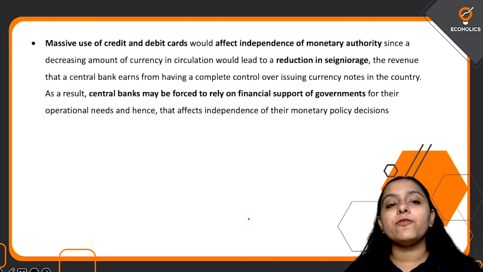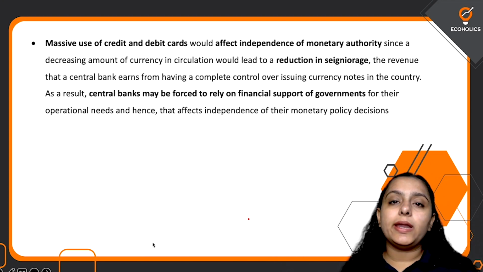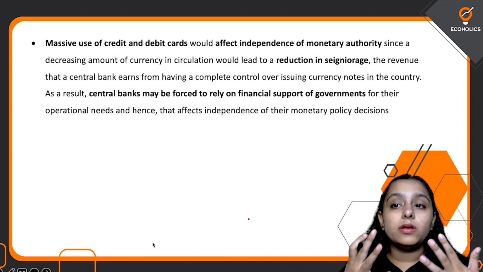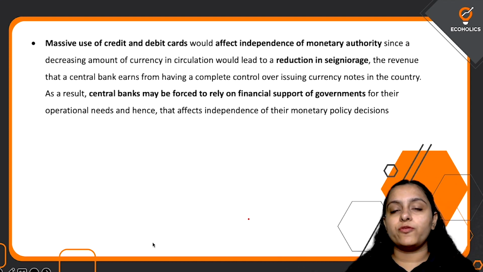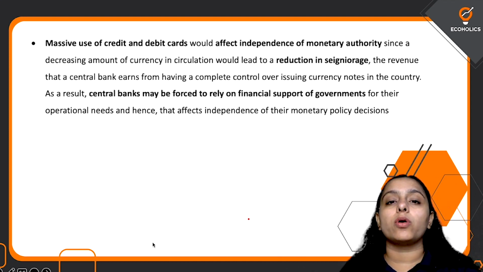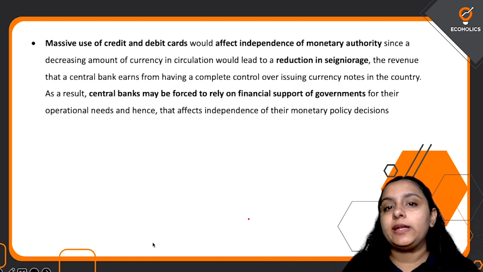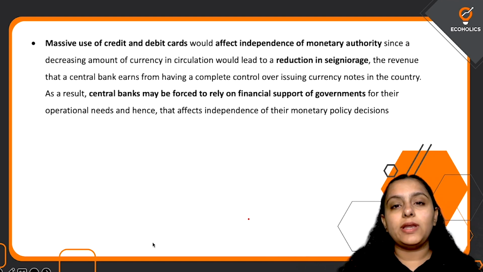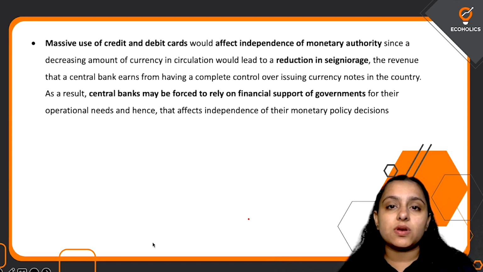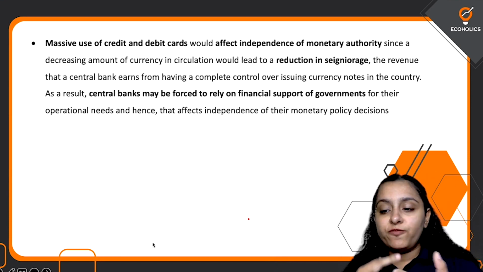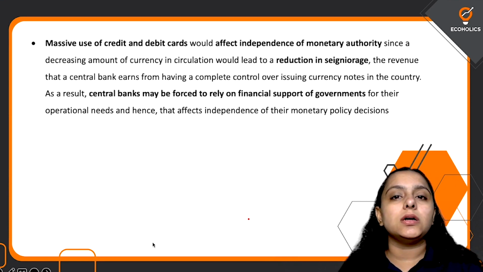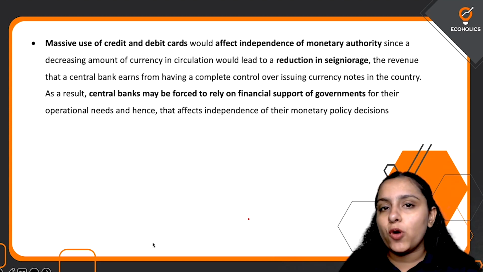Now we know that if you are using debit and credit cards, as nowadays we are doing, and if you are using your credit cards or debit cards a lot of times, the circulation of money would definitely decrease. If money is transferred digitally, the velocity of money is falling.